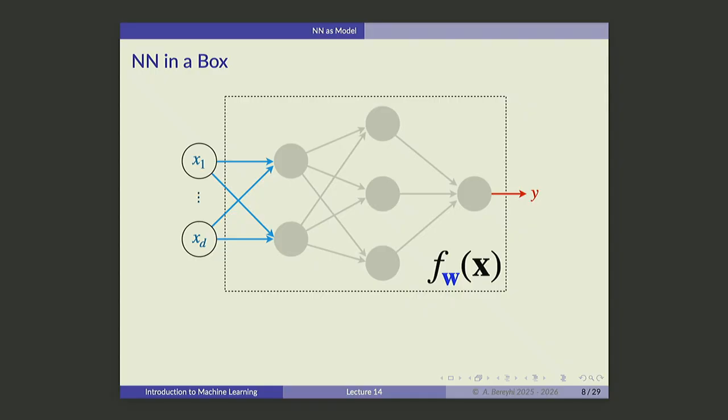Now, this box is parameterized by a bunch of weights, which I'm showing by W, and you do know what those weights are, right? The weights and biases of every single neuron you have here. If you collect all of them into one set, this is the set of weights that you have. This is the knob that I talked about. If you change them, you're changing the knob, and the function is getting changed.